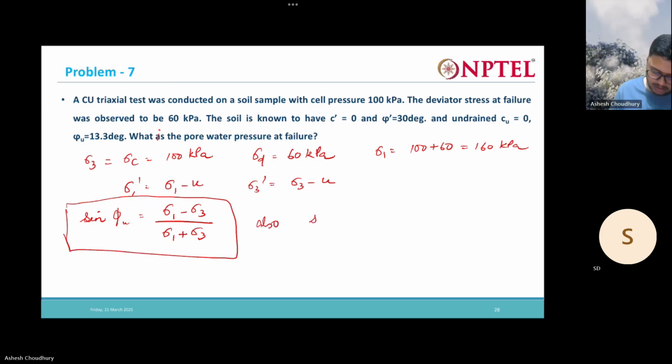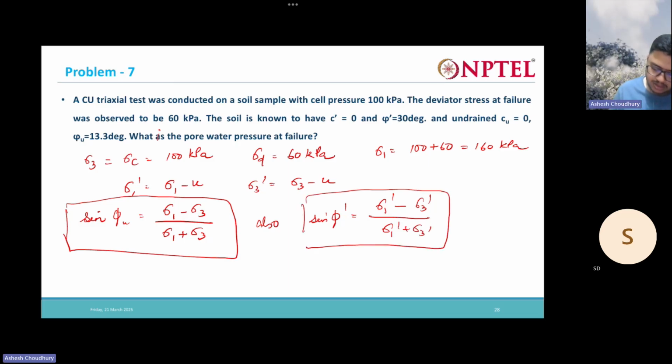Also, sine phi effective is nothing but this. These all come from the geometry, from using the trigonometry within the Mohr circles.